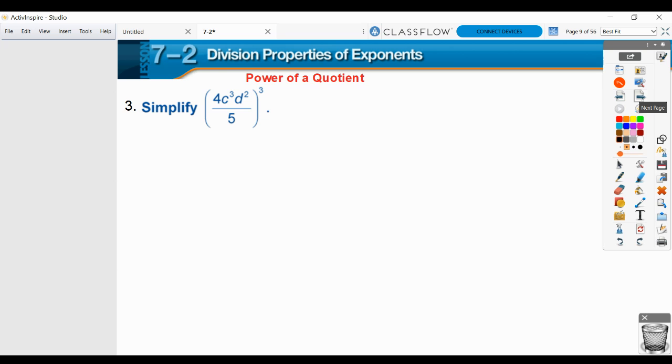Okay, so for this example, you have 4c to the 3rd d squared over 5, and raising all of that to the 3rd power. So you want to distribute that 3 to each term in the numerator and each term in the denominator.